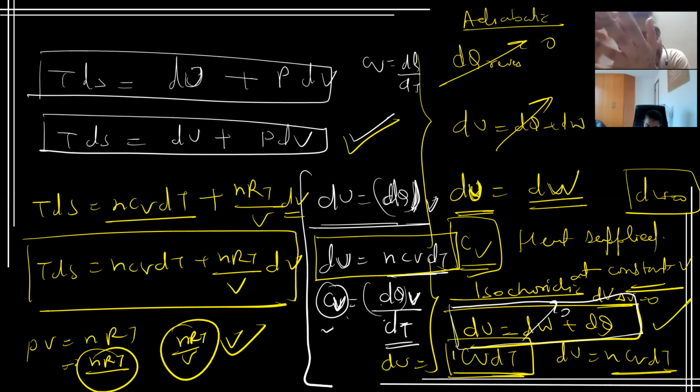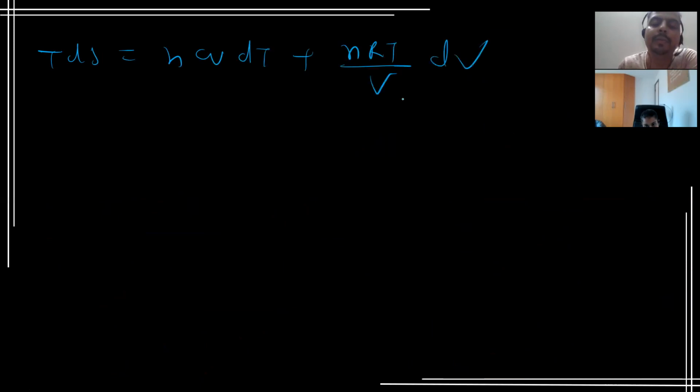Once we integrate the dS term, we get the formula of entropy, right? Is that clear? Up to this it's clear, no? Okay, cool. So I'm going to get a new page. So TdS equals nCV dT plus nRT by V dV.